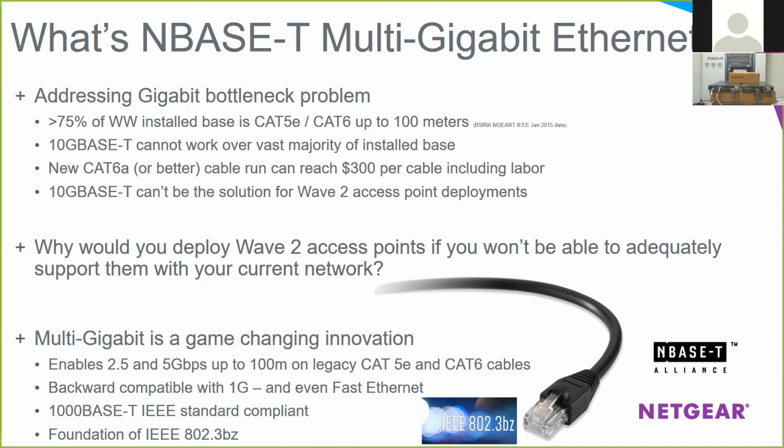So NBASE-T was designed to enable 2.5 gig per second, and simultaneously with compatible devices, 5 gig per second, up to 100 meters on very legacy Cat5e, so 20-year-old wiring installations, and Cat6, which 10GBASE-T as a standard can also do. So that's backward compatible. Again, it looks like 1 gig, it's good old RJ45 jacks, but it's 2.5 and 5 gigs.